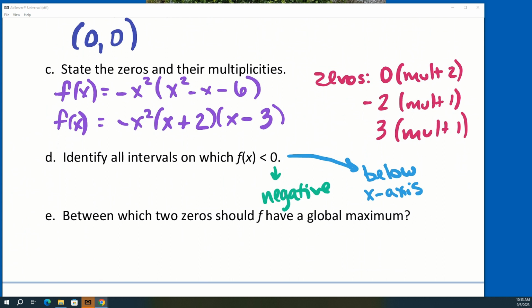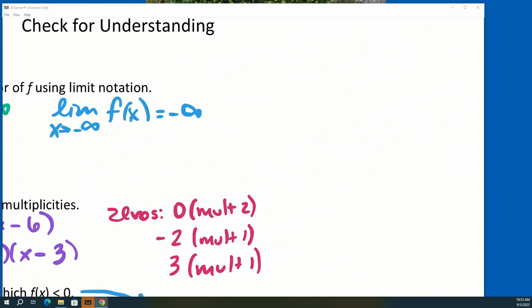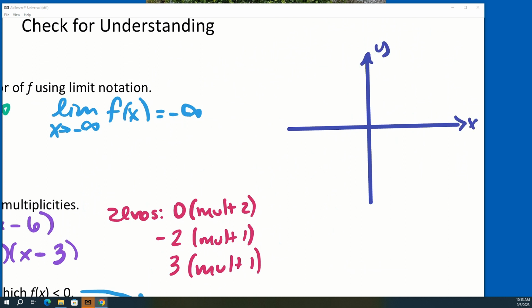So there's two ways you can think of this. I'm going to show you two ways we can do it. I have a feeling it's going to be easier for you just to do a little sketch, but I'm going to show you both ways so you can decide. So let's just start off with us doing a sketch of the graph. I'm going to have to move up a little bit and draw it. So we are just going to label our zeros on this.